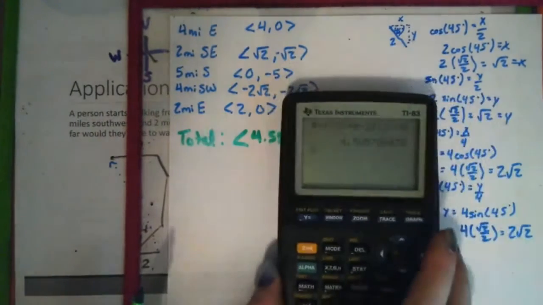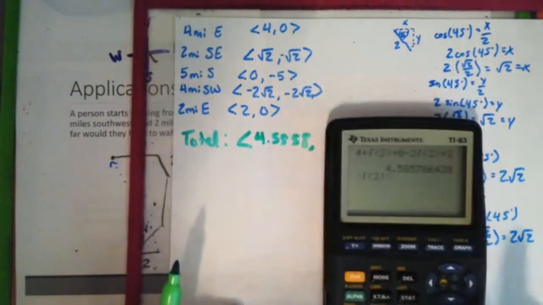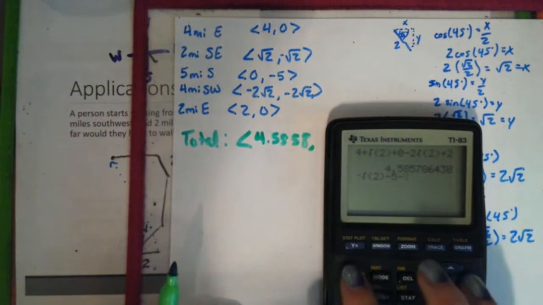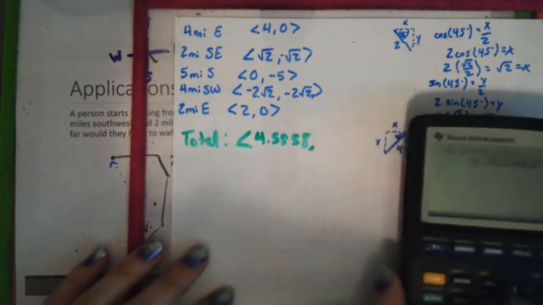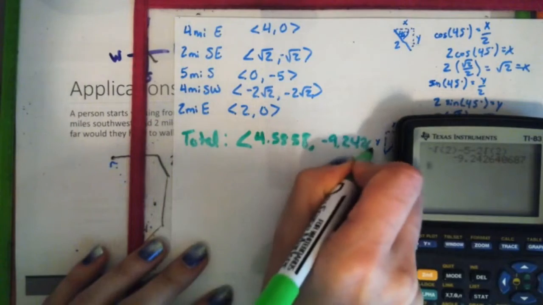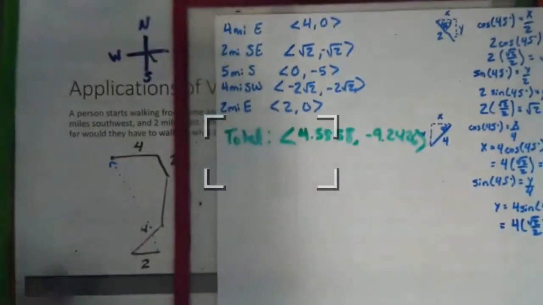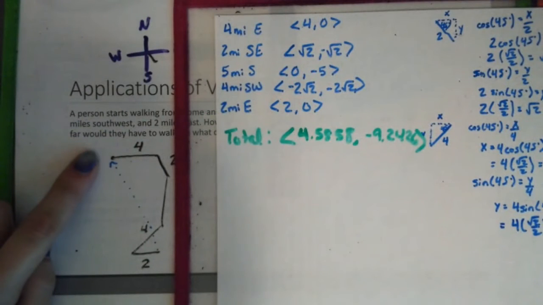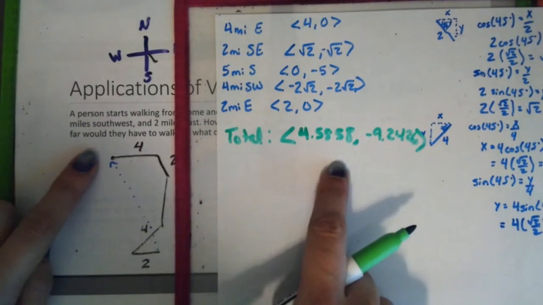Our y coordinate is going to be 0 minus square root of 2 minus 5 minus 2 square root of 2. Whoops, too many parentheses. We get a y coordinate of negative 9.2426. So if this person went directly from home to this point, this is how they'd have to get there.